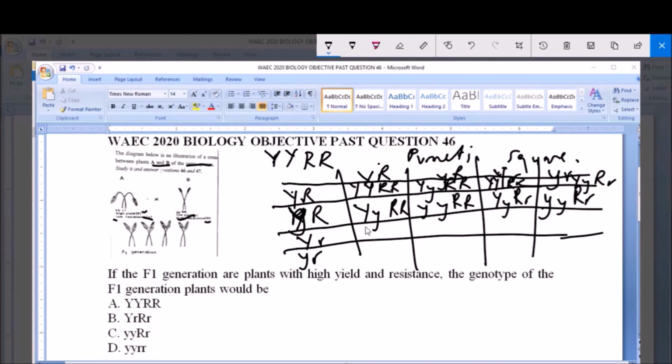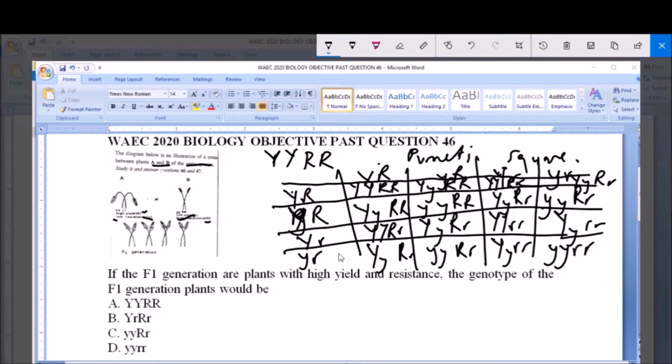Here you have capital Y, capital Y, capital R, small r. Here you have capital Y, small y, capital R, small r. And lastly here you have capital Y, capital R, small y, capital R, small r. Here you have capital Y, small r, and here you have small y, small r.